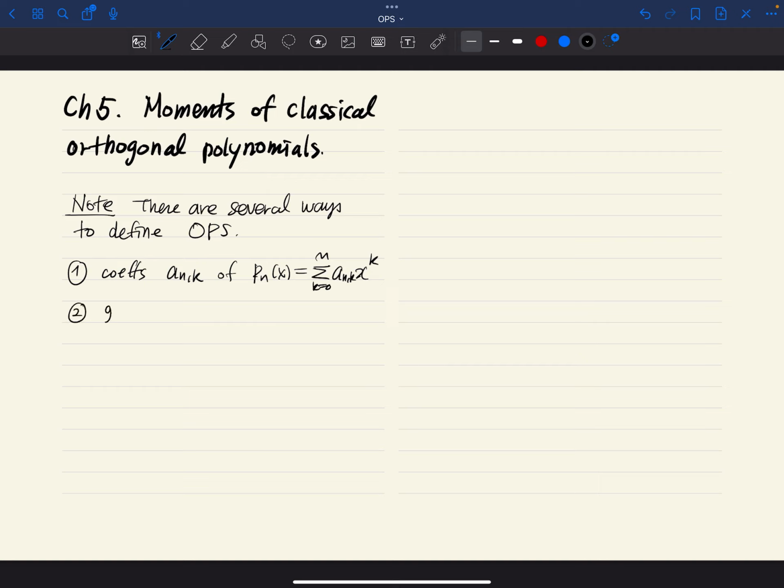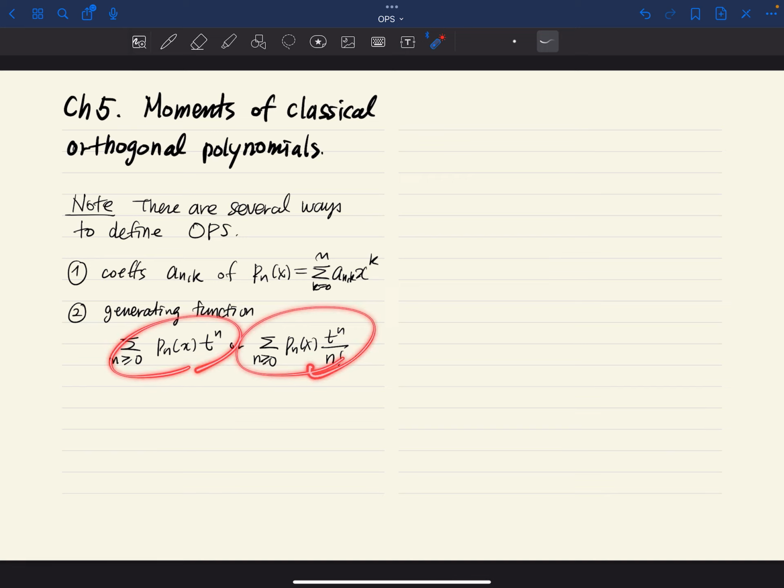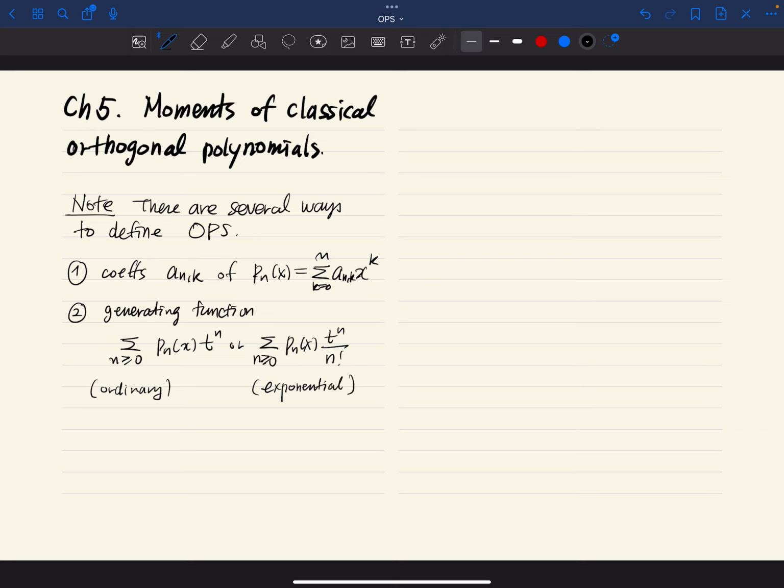And a generating function for the polynomial. Namely, if you have a formula like the sum of P_n t^n over n greater than or equal to 0, this is called an ordinary generating function. Or sometimes we consider generating functions of this form, often called an exponential generating function.